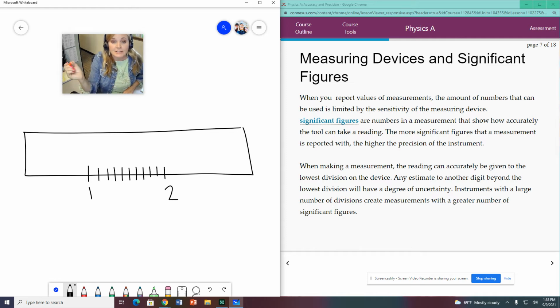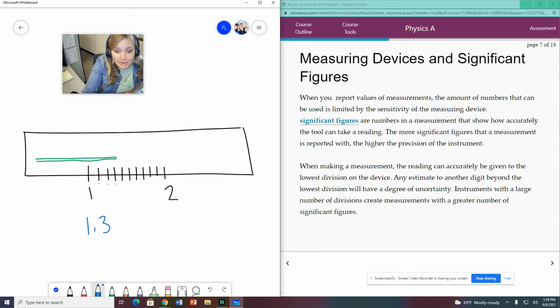Okay, there are 10 markings in between, right? So if I put something up against here and measure, remember you're allowed one estimation. I can report this measurement as being 1.123. Those are measured and confirmed.